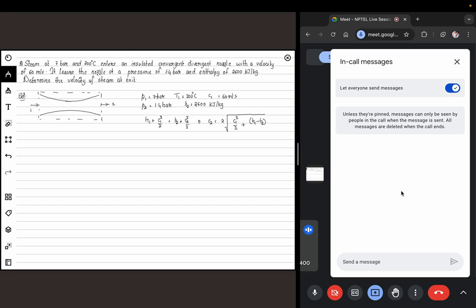The only thing that I don't know in this equation is the value of H1. How do I calculate H1? The pressure and temperature are given, so you can directly look up the steam tables and calculate the value of H1.